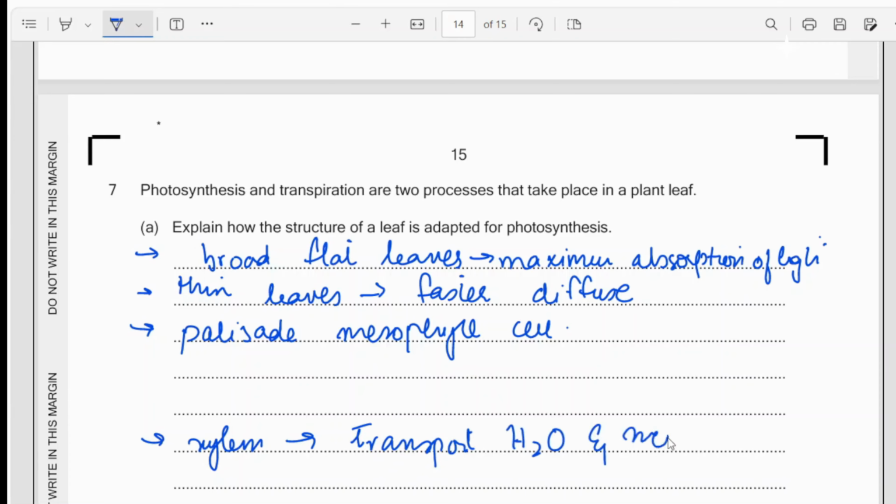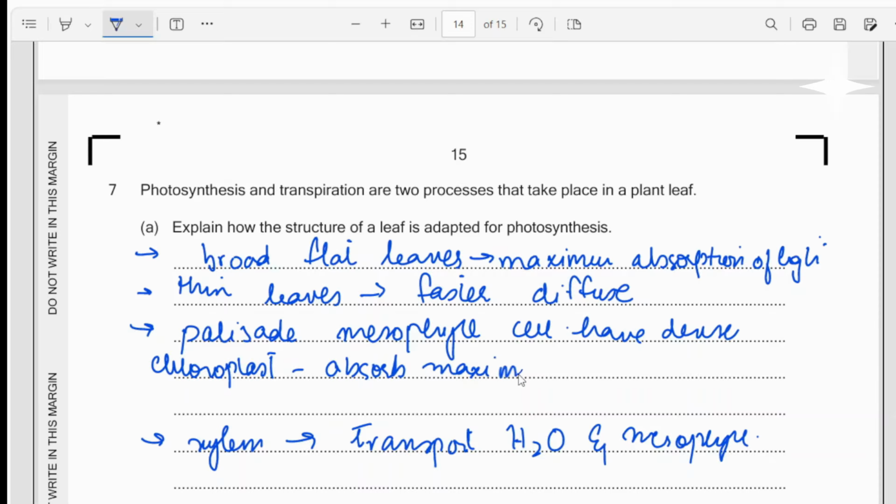Okay, what is the function of palisade mesophyll cell and what is their adaptation? Okay, what's below palisade mesophyll cell?